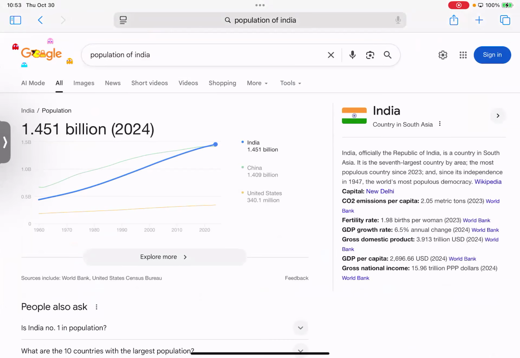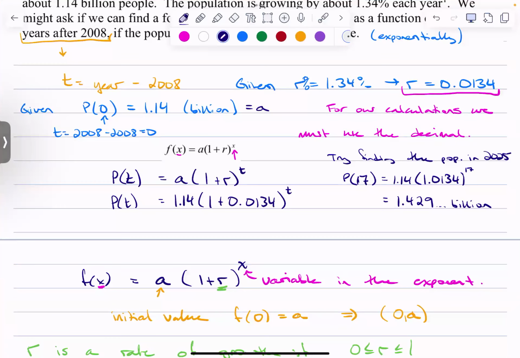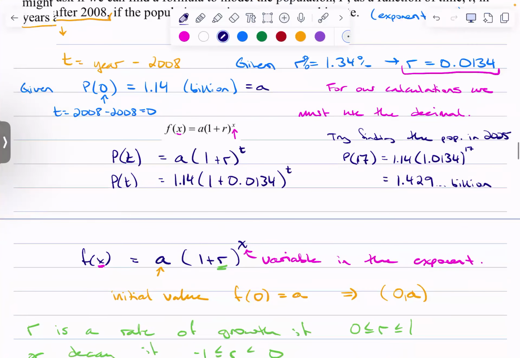Hey, not bad. 1.451 in 2024. They jumped a little. It's a little higher than we predicted, but not bad. Nice. Okay.